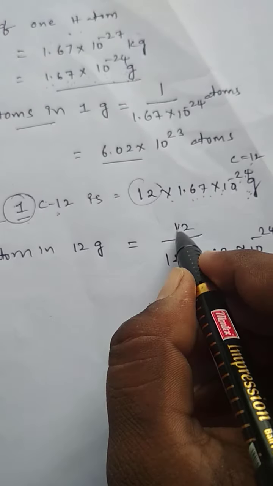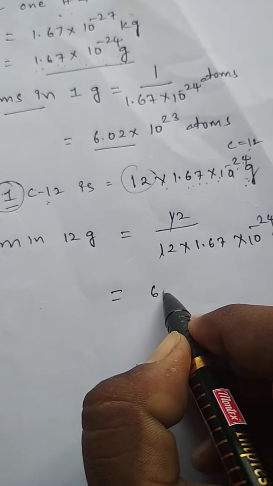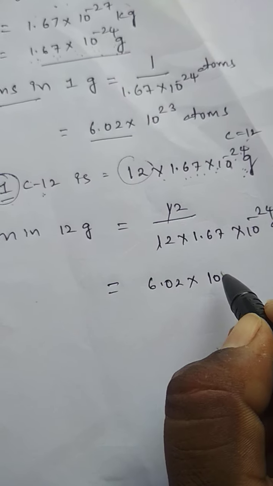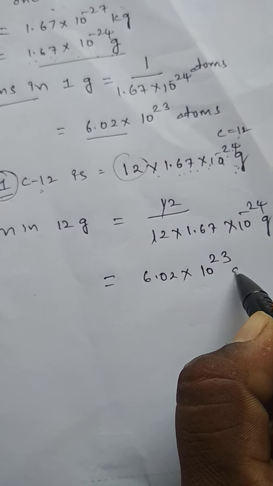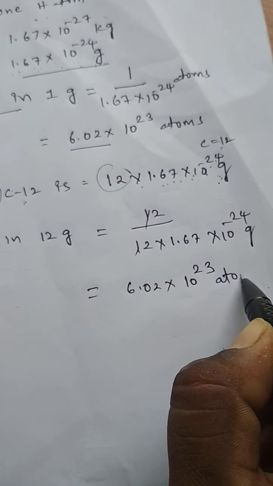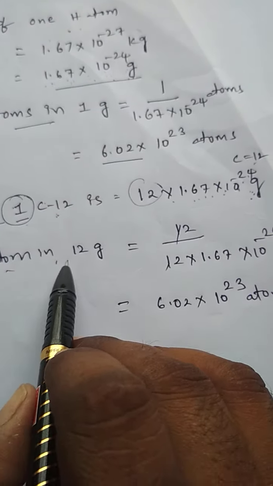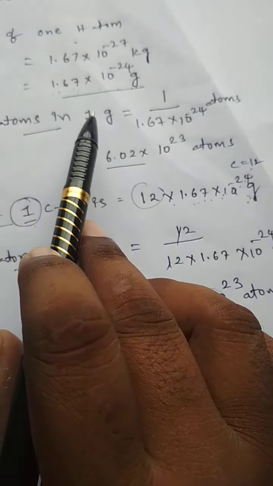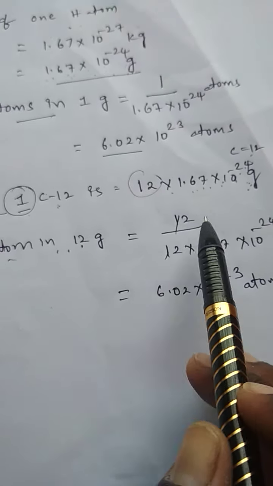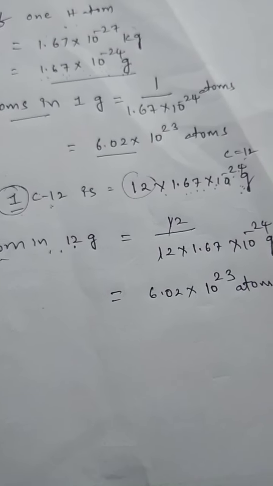The 12 gets cancelled, then we get 6.02 into 10 to the power of 23 atoms. The number of carbon atoms in 12 grams.